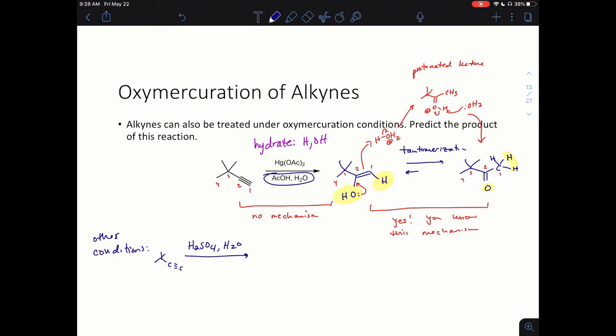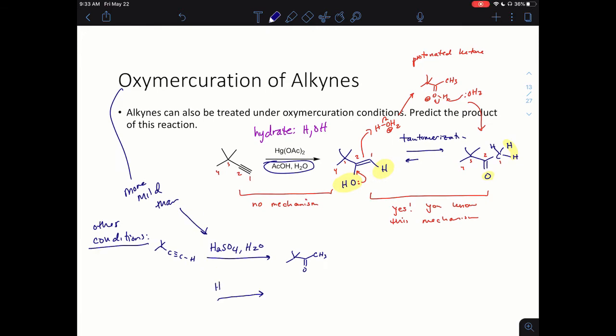I mean, look, oftentimes though, you don't want to just chuck sulfuric acid in with your very precious organic compound that you've spent many steps making. So, if you can avoid sulfuric acid, I say avoid it. So these are more mild conditions, certainly. So I would say the oxymercuration conditions are more mild than just chucking acid in.